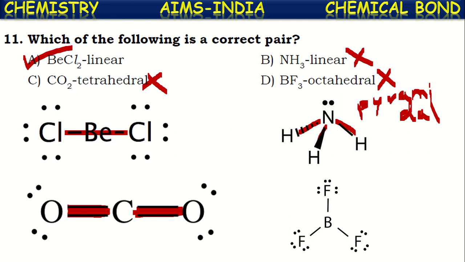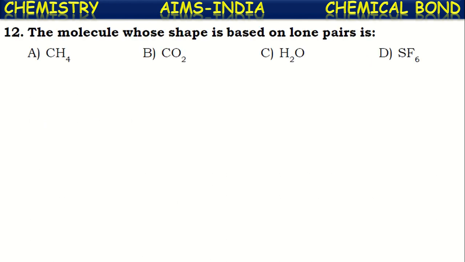Okay. Next, let us go through one more question. The molecule whose shape is based upon lone pairs. Generally, the shapes of molecules depend upon the bond pairs and lone pairs present on the central atom. See here, the molecule in which the central atom has at least one lone pair of electrons, that molecule's shape will depend upon the lone pairs also.